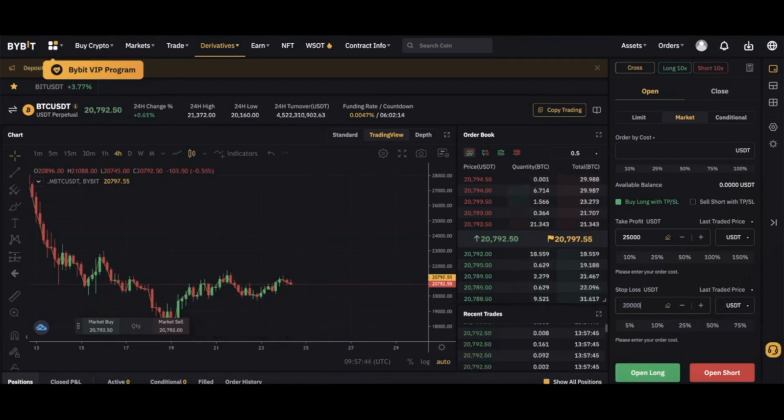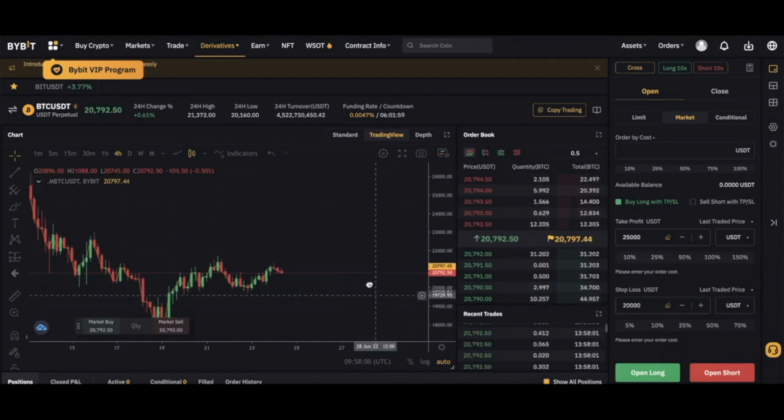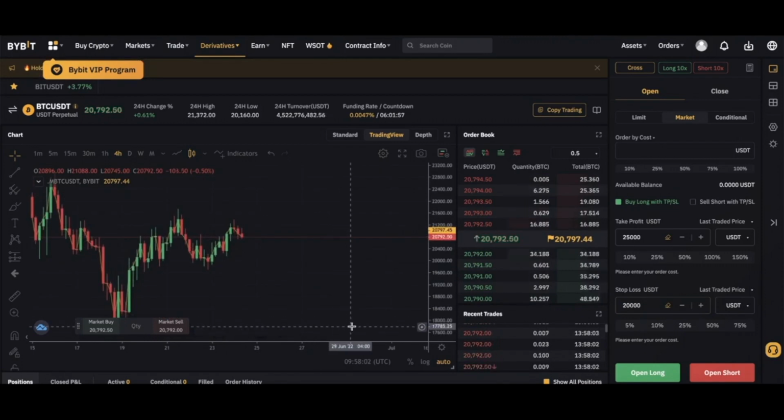So if the price comes under 20,000 US dollars, we are out of the market with a little bit of loss, but not a big loss if the market goes very, very down, maybe to 10,000 US dollars or something else. So if you're trading overnight, it's one of the important things that you set a stop loss and also a take profit. So there you can open this trade.